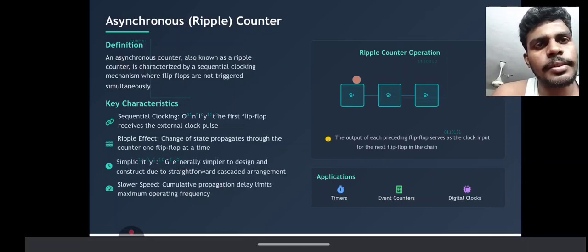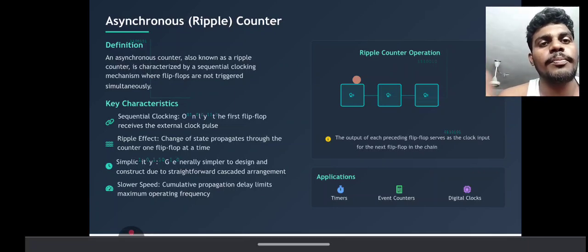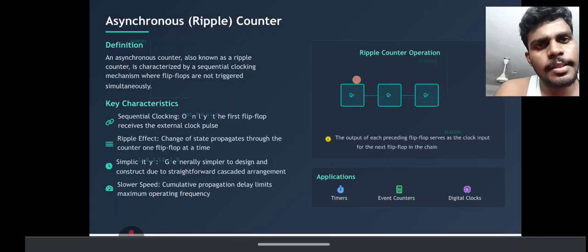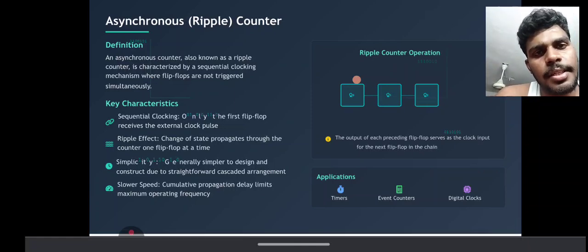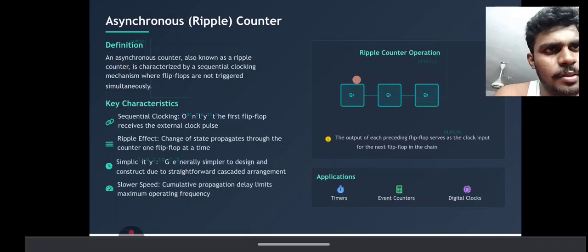Ripple effect: the change of state propagates through the counter one flip-flop at a time. Simplicity: simple to design and construct due to the straightforward cascade arrangement. Low speed: cumulative propagation delay limits the maximum frequency.